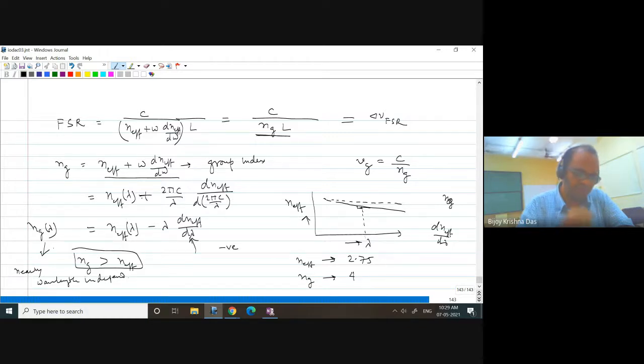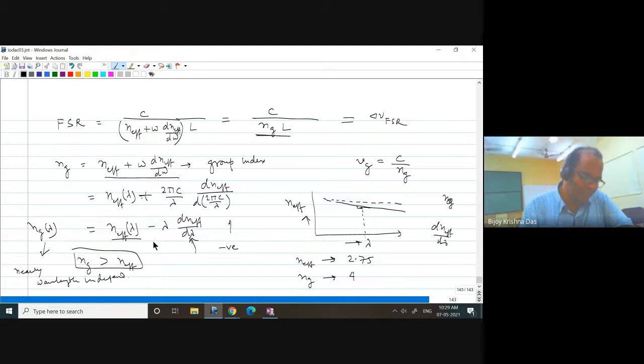With some particular designs you can get nearly wavelength independent Ng. N effective is lambda dependent, and you have the term d n effective by d lambda multiplied by lambda, so whatever is falling as a function of lambda for the n effective terms can compensate. This can go upward, this can go downward, and the result can be lambda invariant.